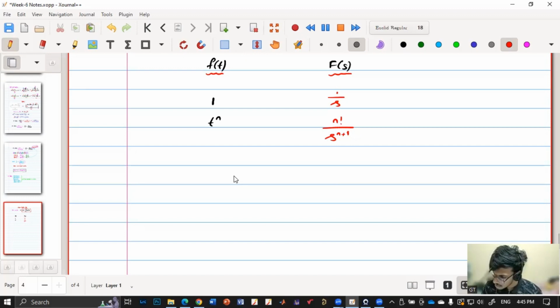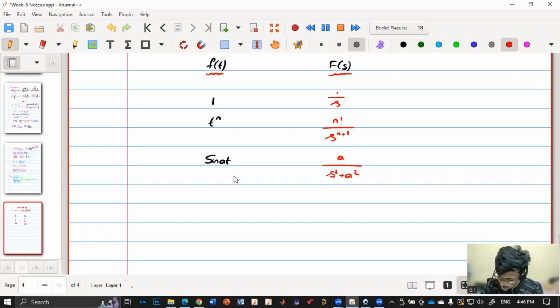So now it is sine of at. Sine of at is a by s square plus a square. So sine t will be 1 by s square plus 1.